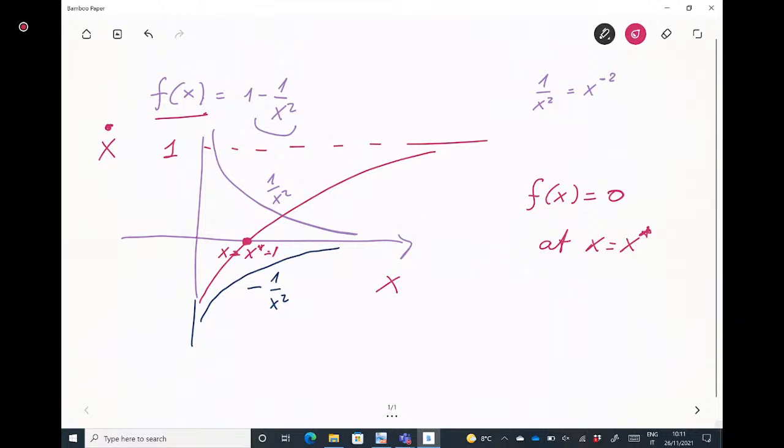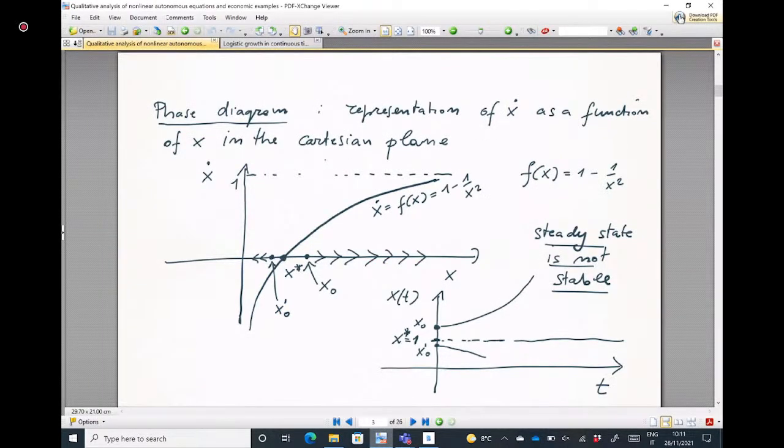Okay. Now, what happens if the system doesn't start at the point x star? If the system starts here, the derivative is 0, and the system remains at the level 1. Okay?